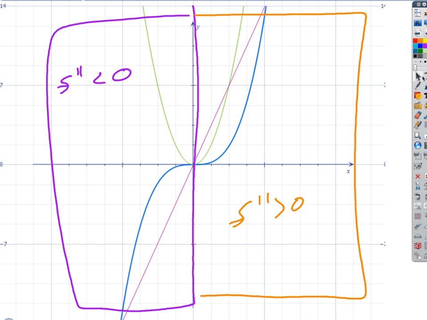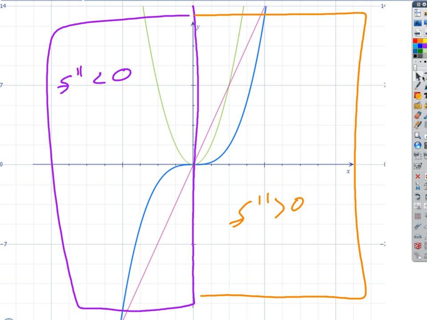Here we got a little of both: negative on the left, positive on the right. Any suggestions? I'm lost. I don't know.